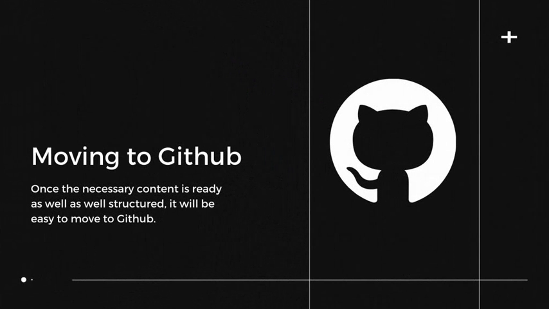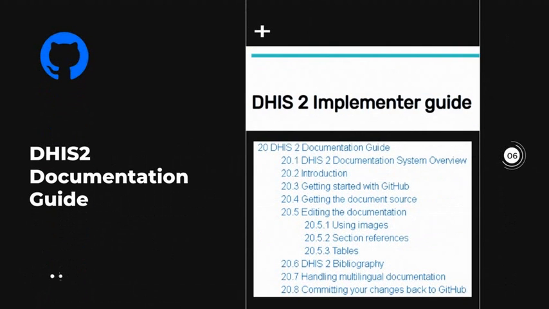Why GitHub? Because the DHIS2 official documentation is on GitHub. Most software developers are using GitHub. So in the end, when we have the basic content that is well structured, it will be easy to move to GitHub. Luckily, we have a guide for moving to GitHub.